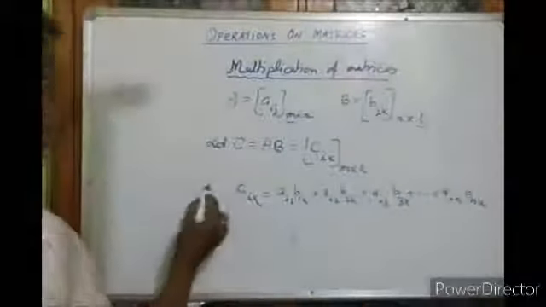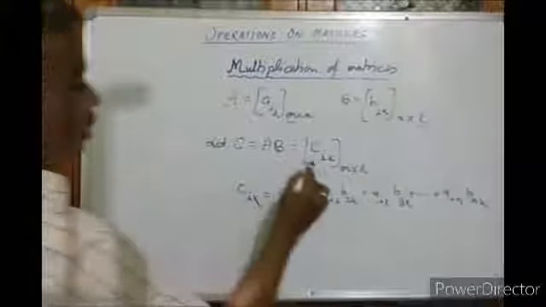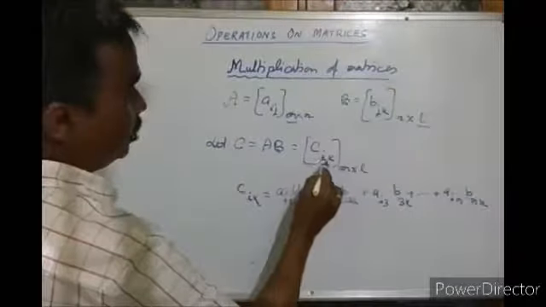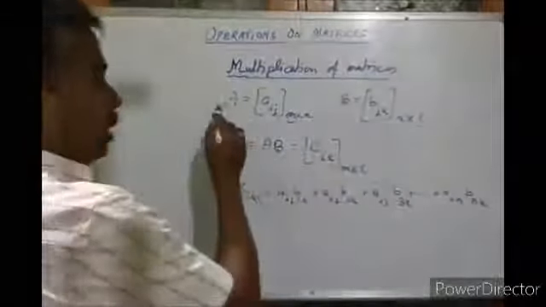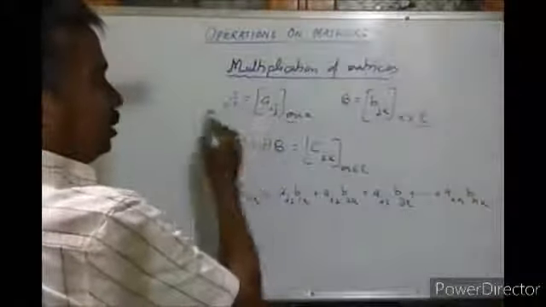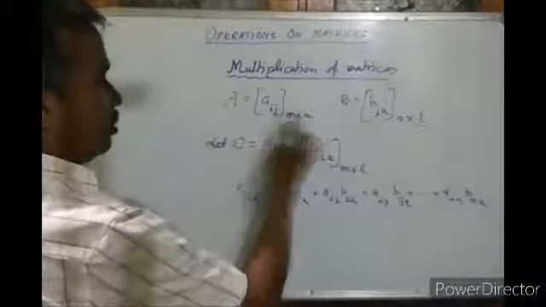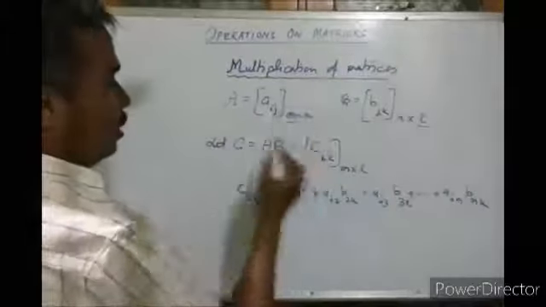How does it come about? You see, it is the ith row, kth column. So we have to take the ith row of the first matrix, that is A_I.